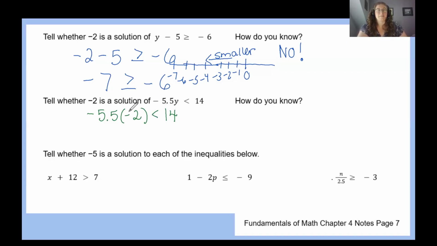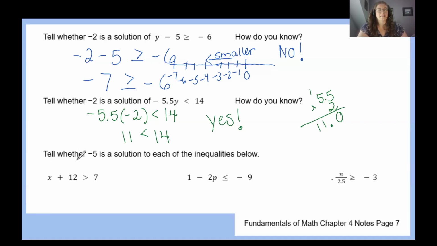We know a negative times a negative gives us a positive, right? And 5.5 times 2, or double 5.5, we know that double 5.5 is 11, right? Is 11 less than 14? Well, yes, this is true. So that means that -2 is a solution to this inequality because it makes the inequality true. 11 is less than 14.